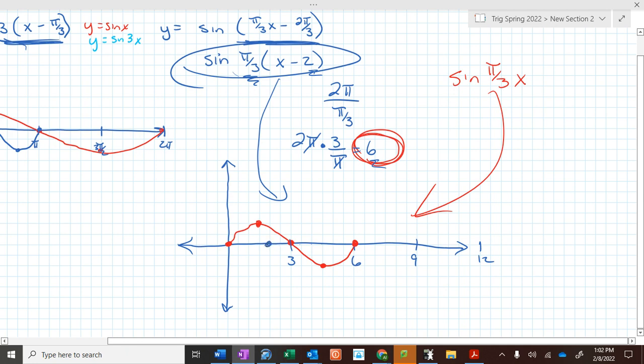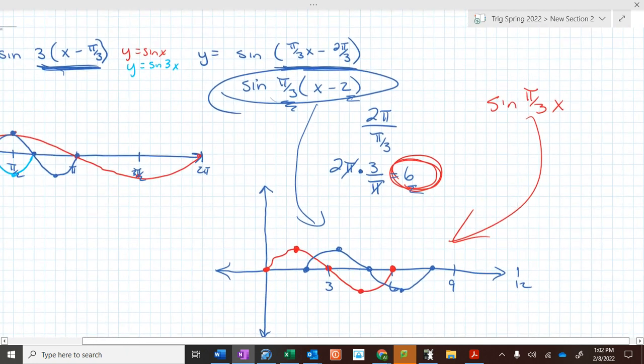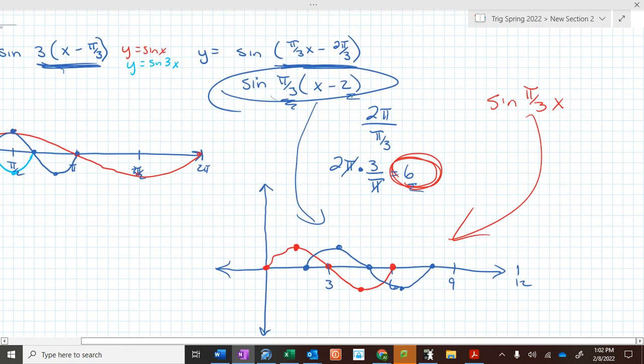So 4 squares to the right. 1, 2, 3, 4. Looks like that. Are we good? Okay, so when you have a pi involved, it makes it a little different looking.